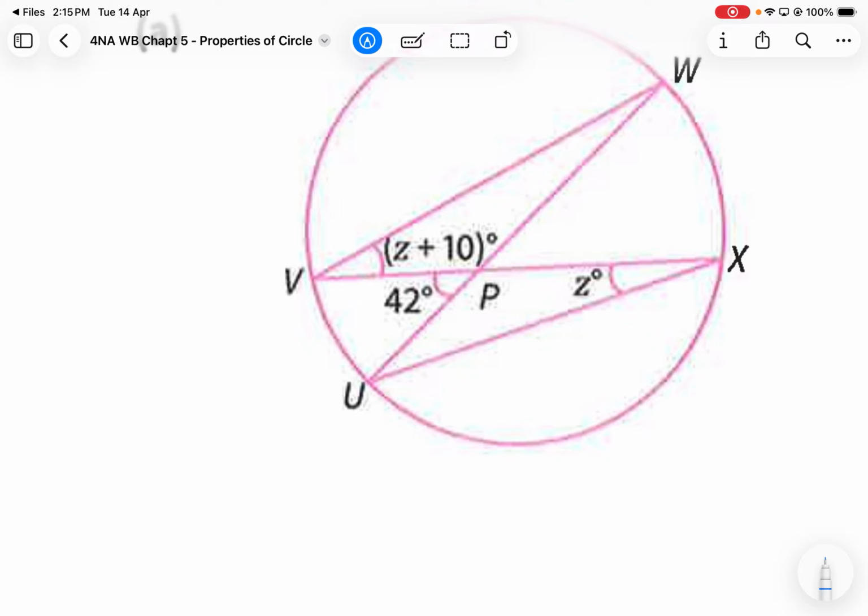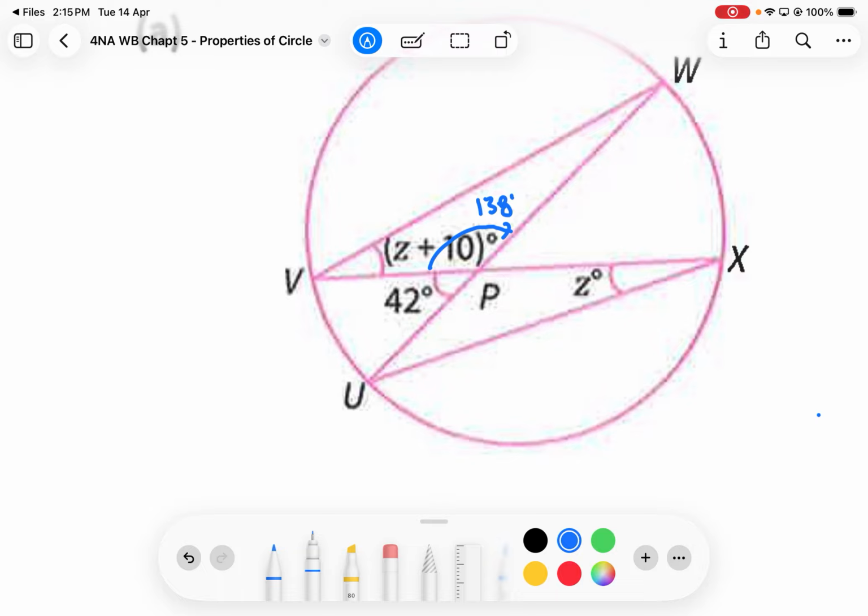Correct? So a straight line is 180. If I know this is 42, means I know this side. This side is 138. Here, this angle here is 138. Because 42 plus 138 equals 180.